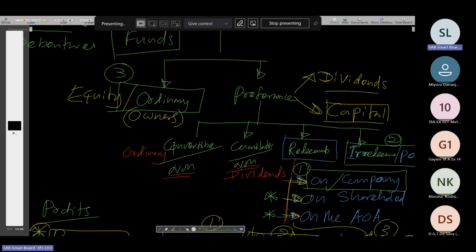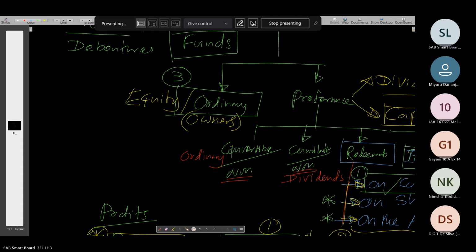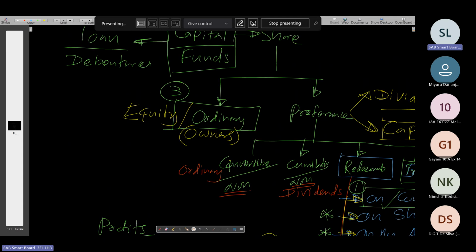Now here, when we consider debentures also, they are classified as convertible and non-convertible.